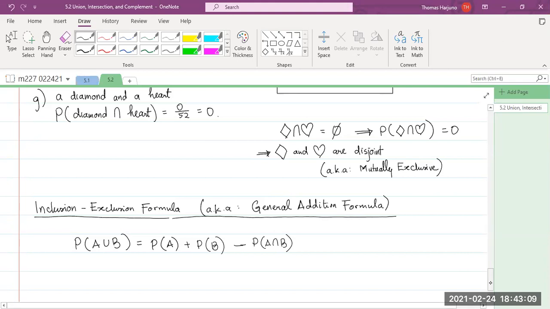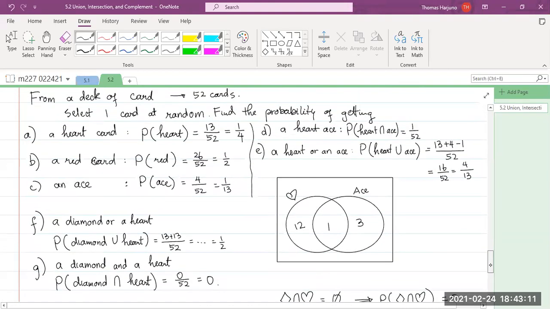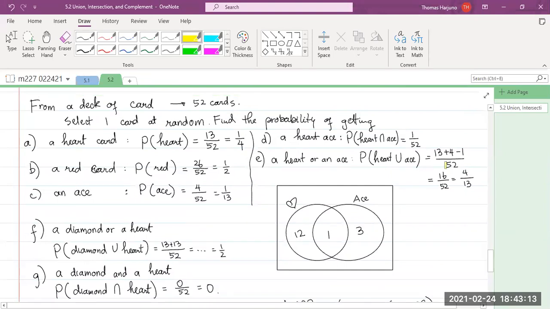And implicitly, we already did apply this formula here without knowing that formula. Okay, the probability of heart or ace, the union, is the probability of heart plus the probability of ace minus the probability of the intersection. Do you see that?